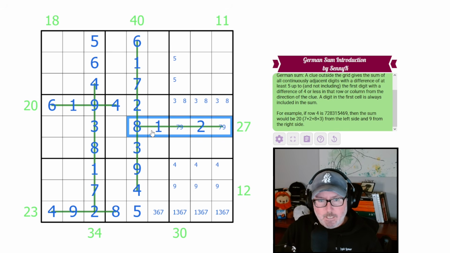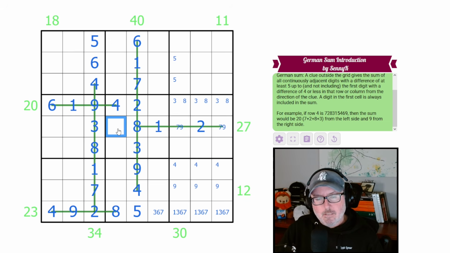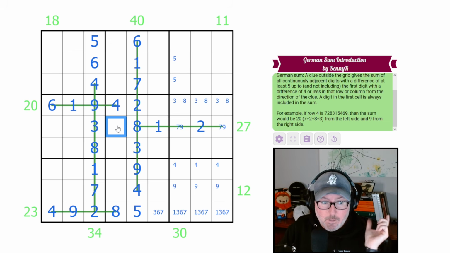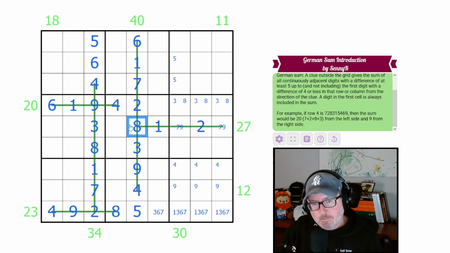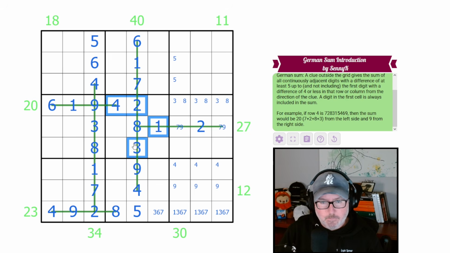Now, the other thing we can also say is, we have to use that negative constraint we thought about a while back, in saying this digit has to be within 4 of the 8. Now, it's not really too big of a deal here, but it might be in some of the other ones, but we can't do 1, 2, 3, or 4.